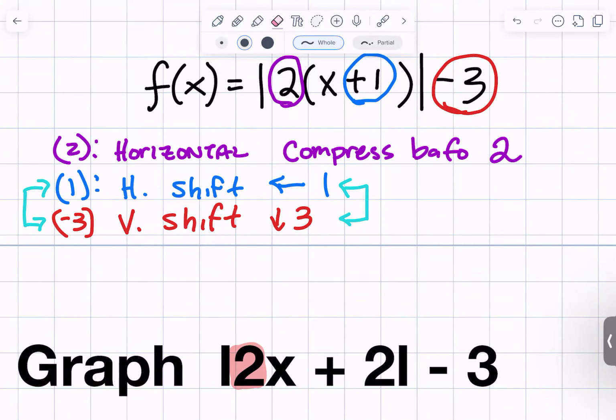So here we have negative absolute value of 1/3 x plus 1. And I'm going to change this and put it up here. Okay. So here, class, my first step changes, right, from yesterday's lesson.